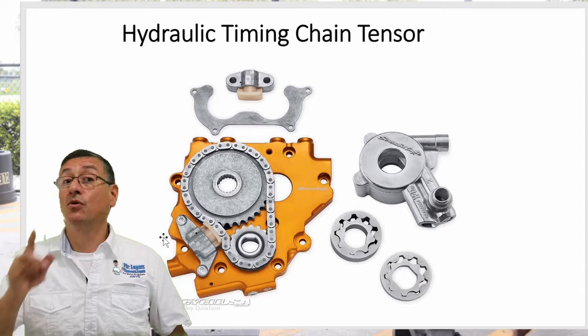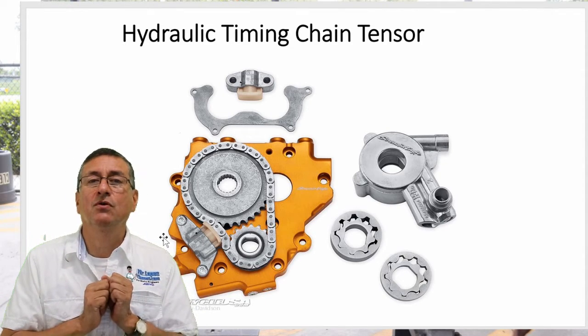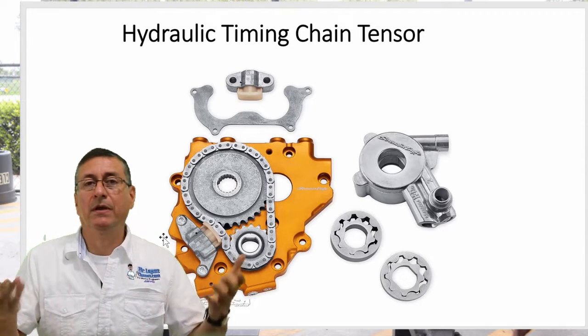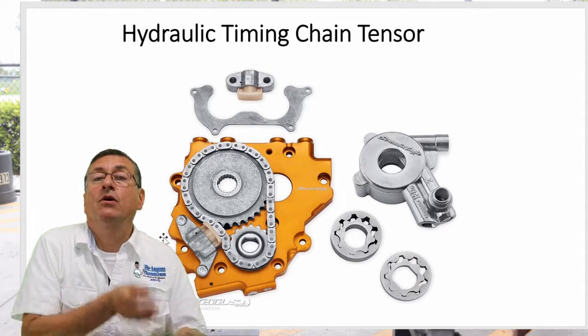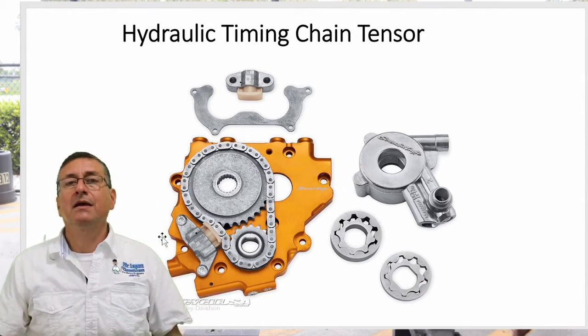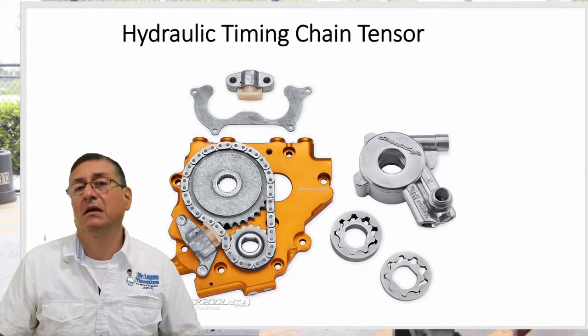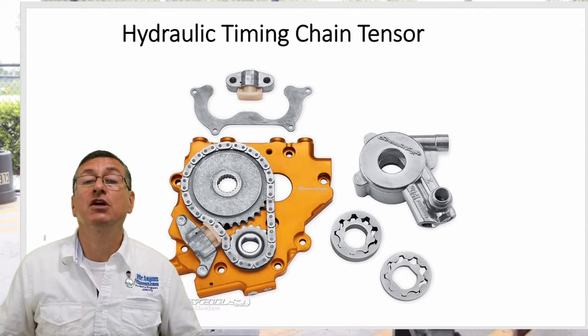All right. The performance of those elements depends on the pressure of the oil, and the pressure of the oil depends on the service of the engine and on the quality of the oil appropriate for that engine. Okay, this is another element commonly used especially in gas engines in order to keep the timing chain tense.